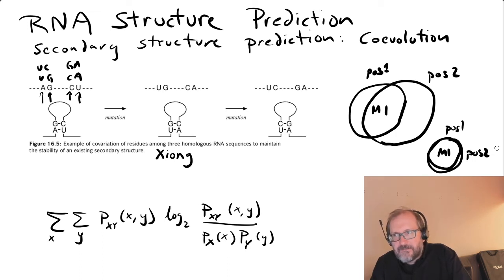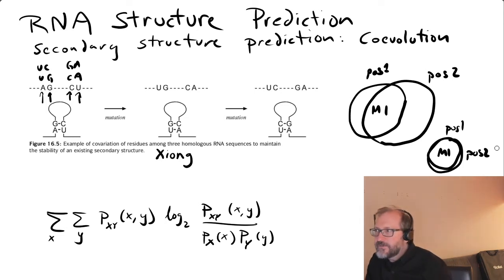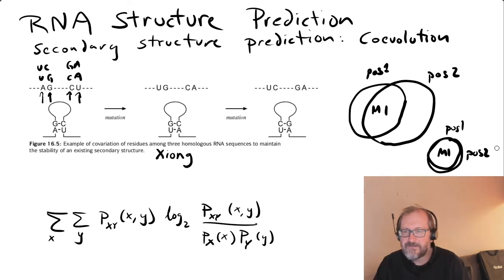In fact, something like 90% of RNA secondary structures are predicted by mutual information. In fact, the secondary structure of tRNA was predicted by Mike Levitt back in the 70s using 14 sequences. And many years later, I think maybe it was in the 90s, Robin Gutell did the same calculation again using thousands of sequences.